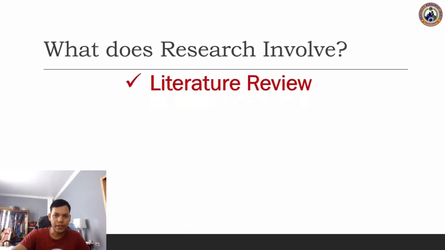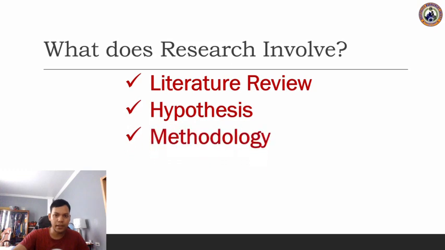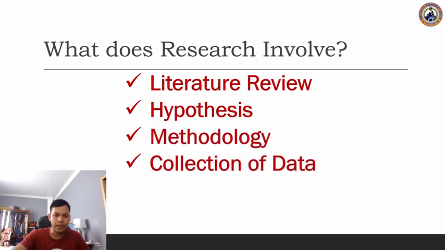What else does research involve? Subsequently, a literature review is carried out and a hypothesis is formed. The researcher then creates a research methodology and collects the data. Again, the first one is the research topic. After that, the statement of the problem.